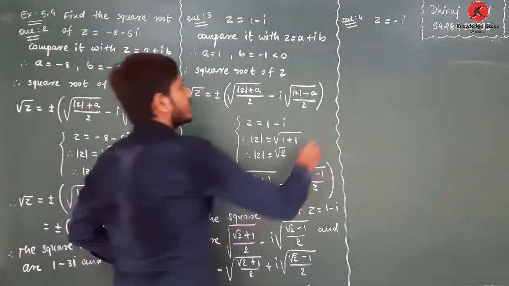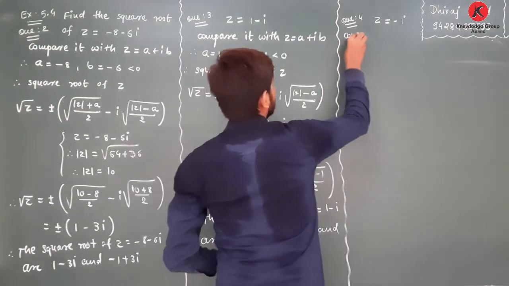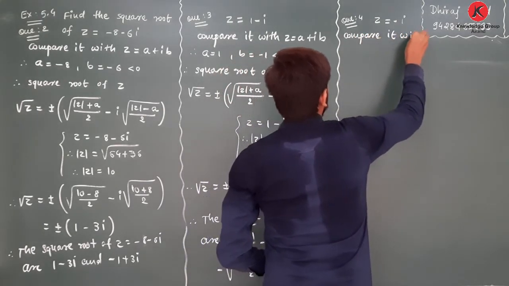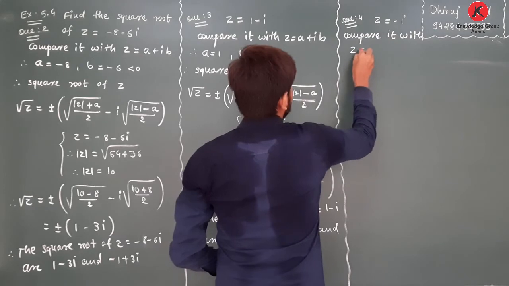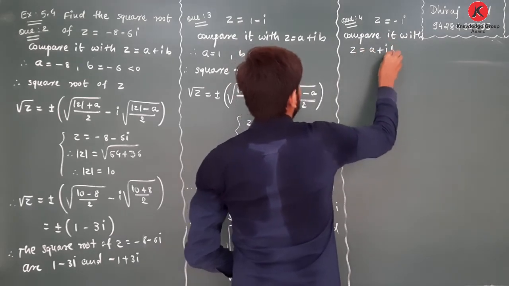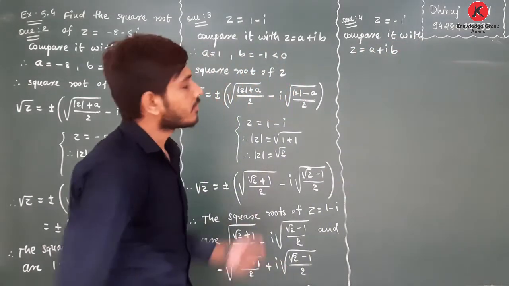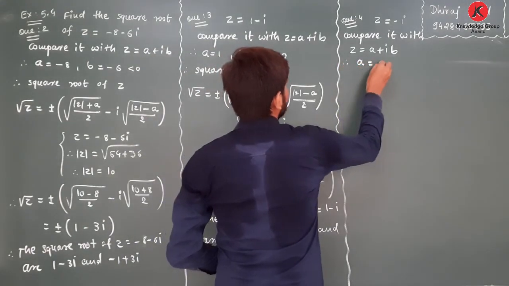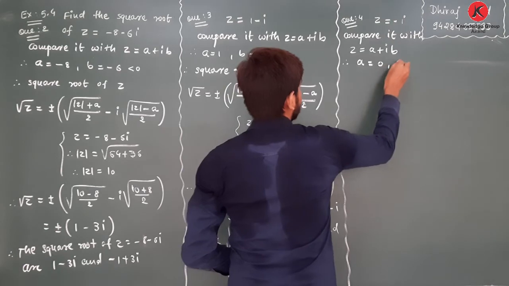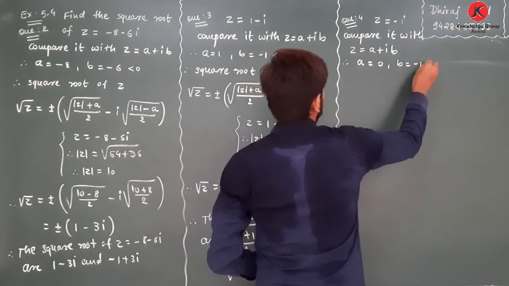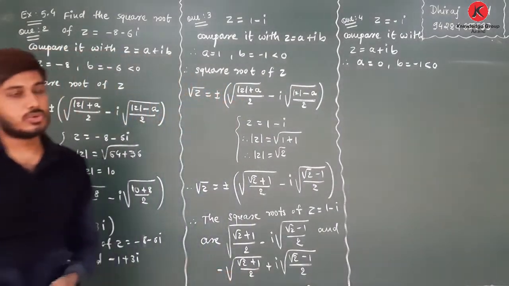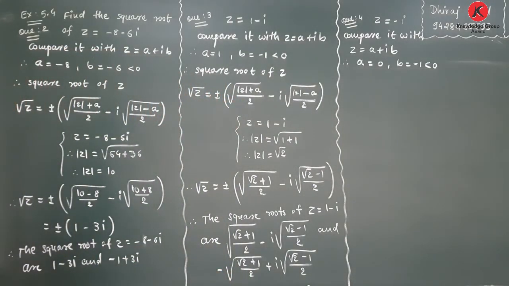Therefore compare it with z equals a plus ib. Therefore we are getting a equals 0, real part 0, and b equals minus 1, which is negative.